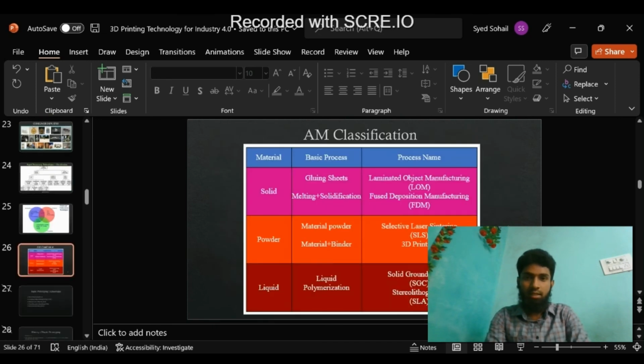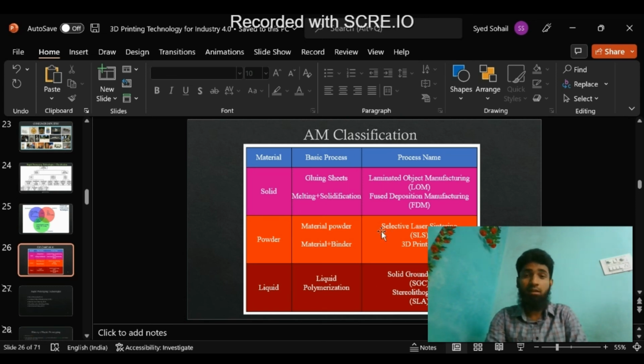Lastly, if it is AM classification that you are looking for, in terms of solid, powder, or liquid, the basic processes are highlighted here. In terms of liquid, you have liquid polymerization, basically liquids sticking to one another so that you have a final product. This is stereolithography, where it happens. Solid ground curing also relies on liquid polymerization.